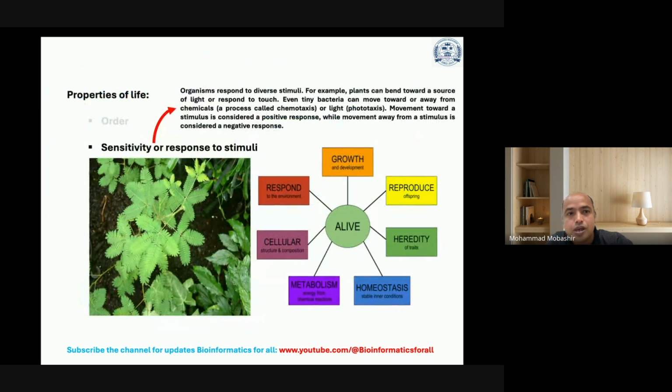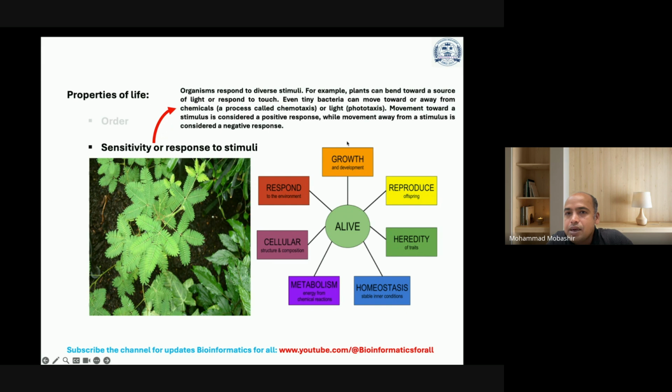So let's go here. Second, properties. The first property is order, that means well-defined structures. And then the second property is sensitivity. For example, an organism could respond to diverse stimuli. For example, this is the plant structure. When you touch or bring your finger to this plant, the leaves will start changing position.